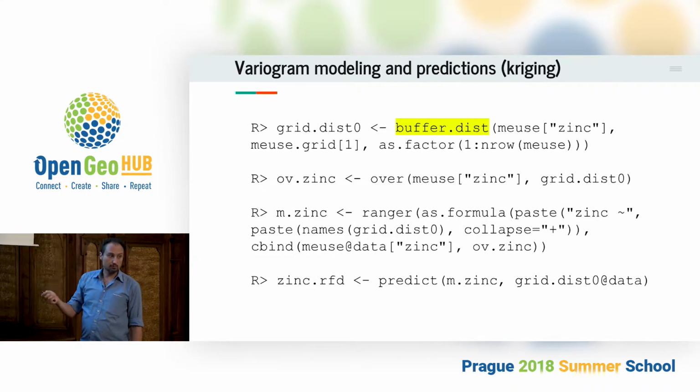And from there on, it's just machine learning. And then I take a ranger. I usually run things in ranger because it's computationally efficient, and also because they collaborate with the main package developer. And then you just say, so zinc, the target variable, is a function of distances. And then you do prediction, and that's it.